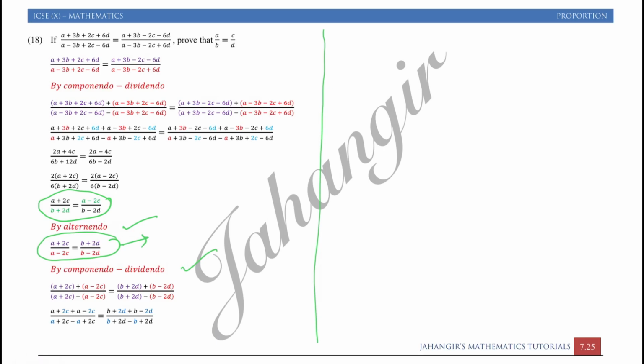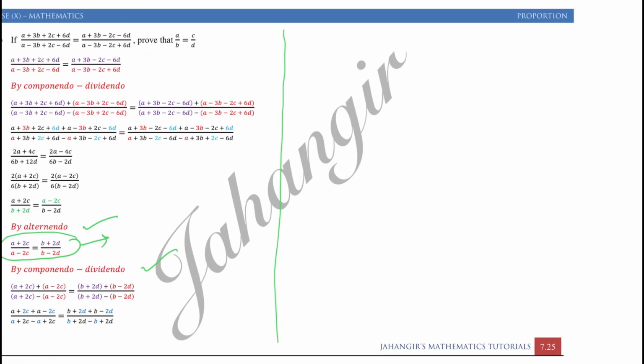So try to understand color combination. Color combination shows what I am doing. Here opposite I take green color. So it's cross, we are changing the terms. Here numerator is purple, denominator is red. So componendo dividendo. Okay, next, go to next question.